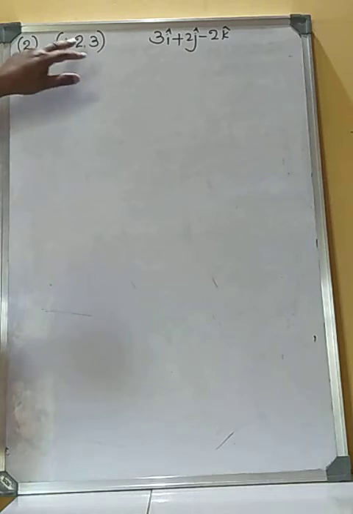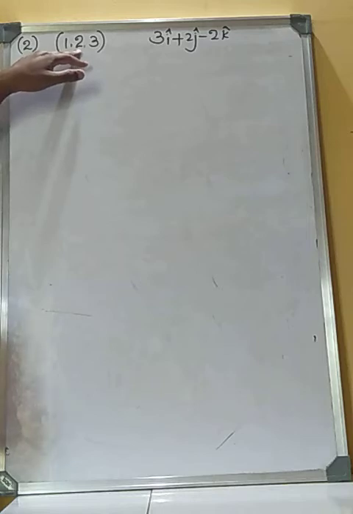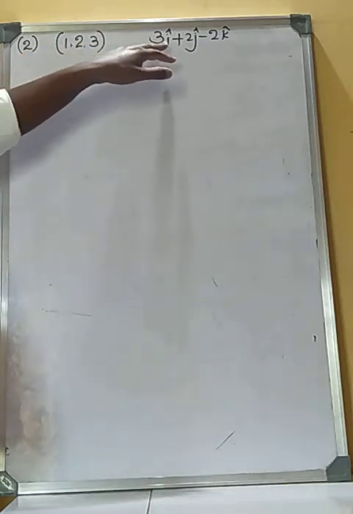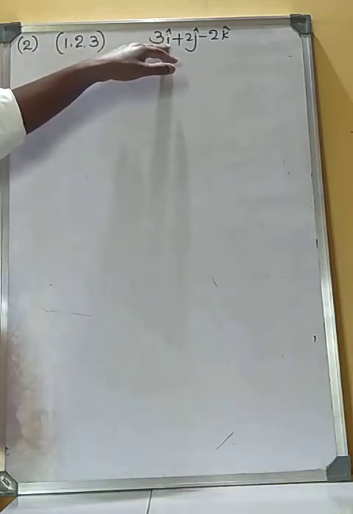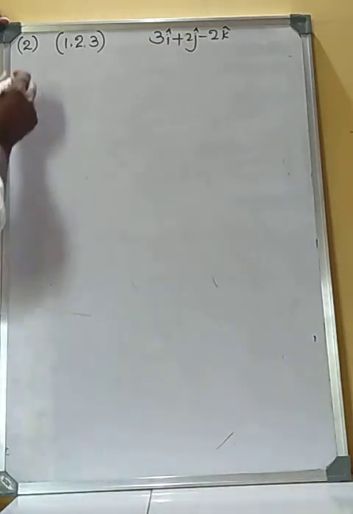So find the vector and Cartesian equation of the line that passes through this point (1, 2, 3) and is parallel to the vector 3i plus 2j minus 2k.